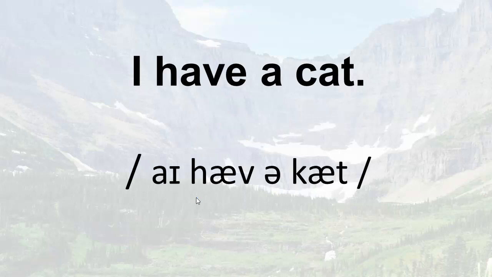In the International Phonetic Alphabet, the I is actually two sounds put together. So this one will be the topic of another video. The vowel sound that we are learning in this video is, of course, the a. I have a cat.